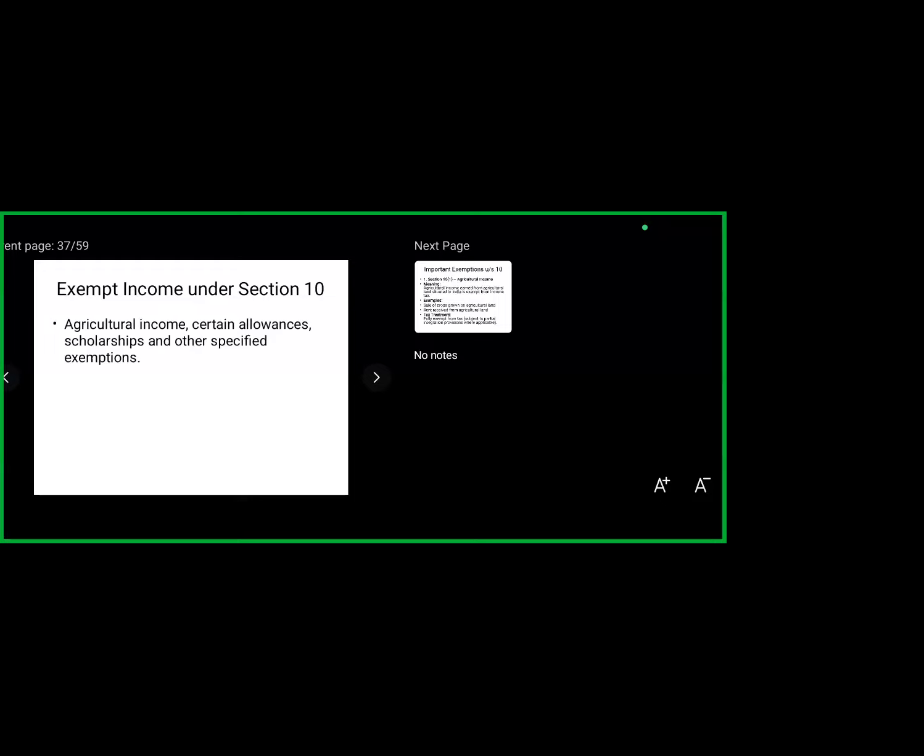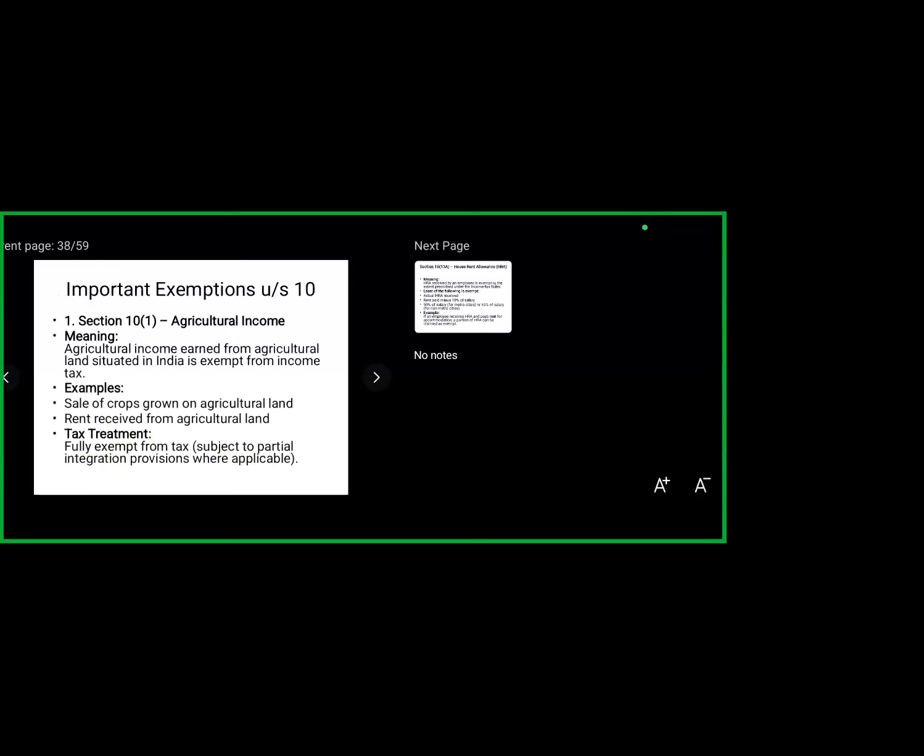Hostel allowance 300 per child, maximum 2 children, 7,200 is deductible. Likewise, exemptions are available. Whatever exemptions you can write down as per the limit, you can claim for the exemption. Likewise, you are supposed to write.